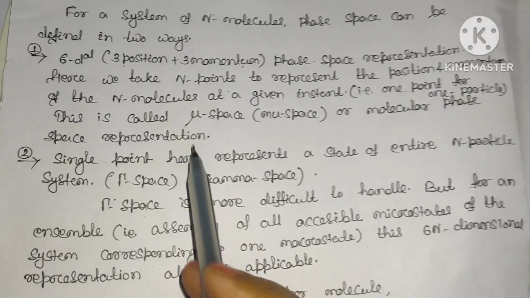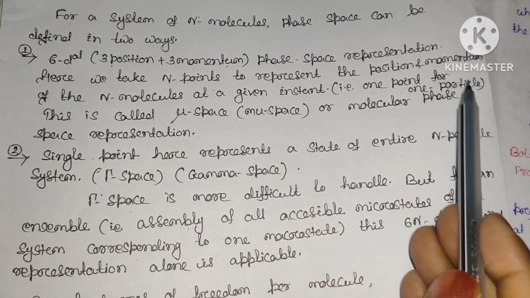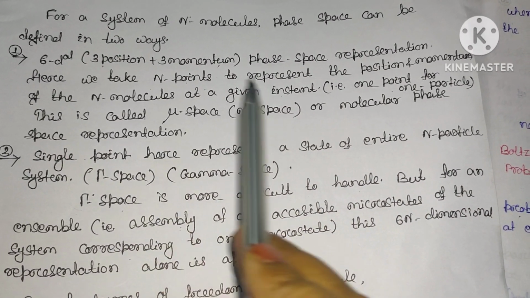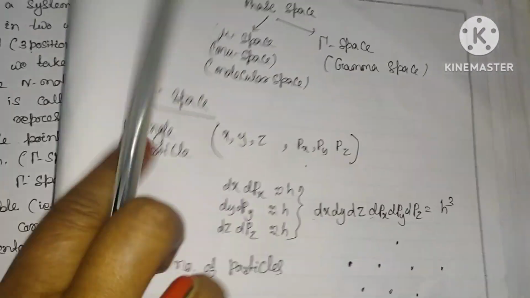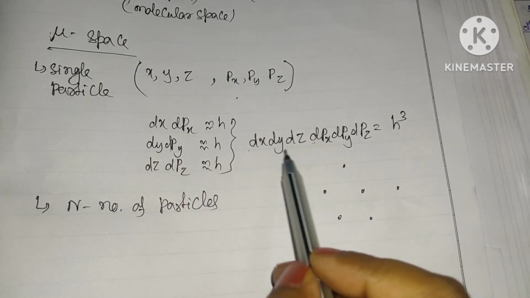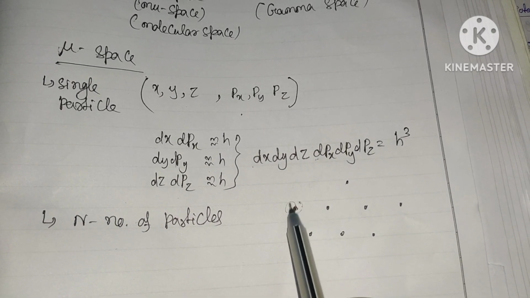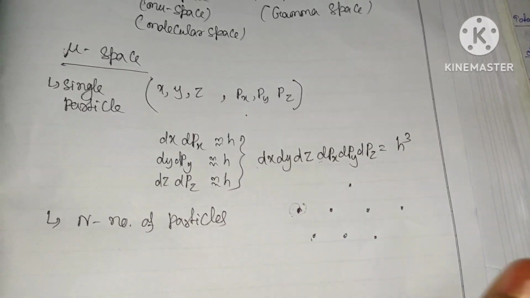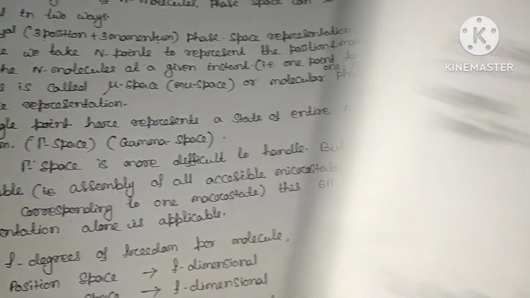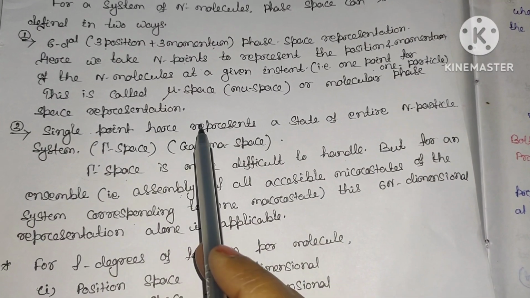Here we take n points to represent the position and momentum of the molecules at a given instant, that is 1 point for one particle. So for this particle, dx, dy, dz, dpx, dpy, dpz will be your phase space coordinates, and here also dx, dy, dz, dpx, dpy, dpz, and so on. So this is called mu space or molecular phase space representation.